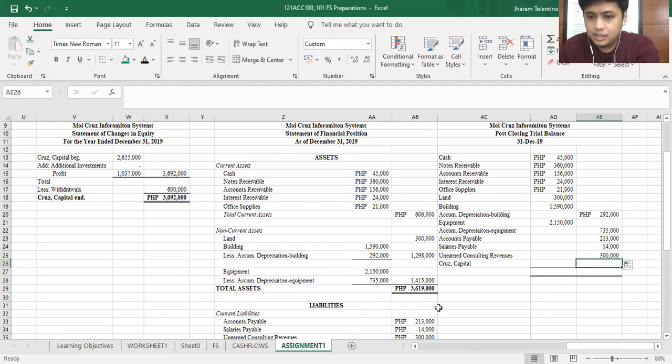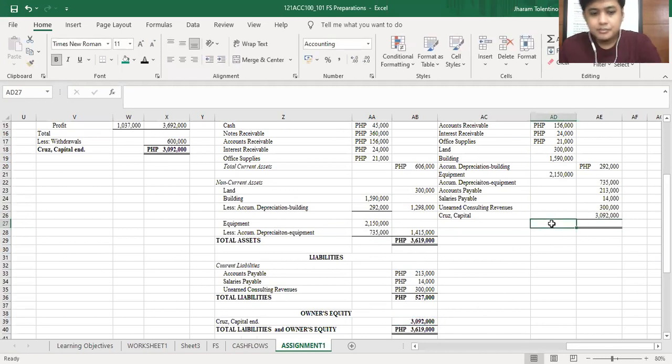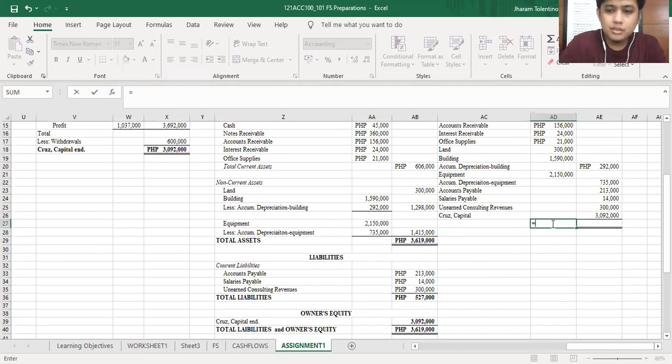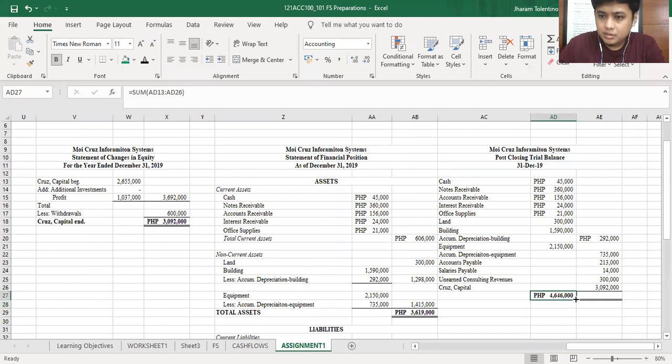And the balance, yung balance dito is the ending capital balance. Okay? Then, kunin mo lang yung sum. So we have 4,646,000. So more or less, you can prepare a basic financial statements within 1 hour actually.